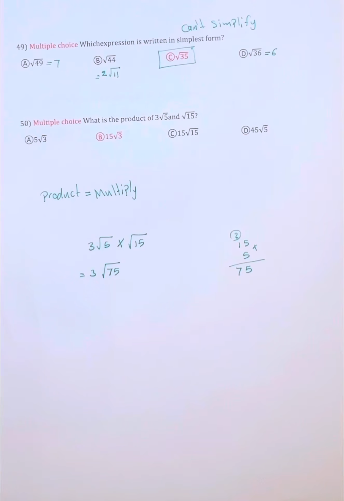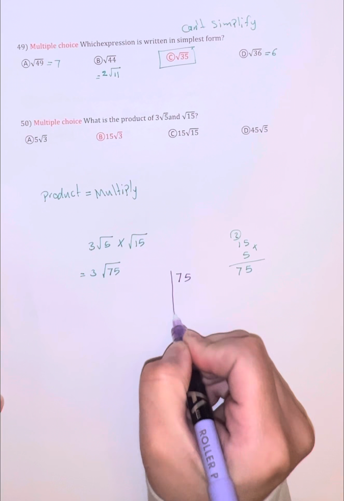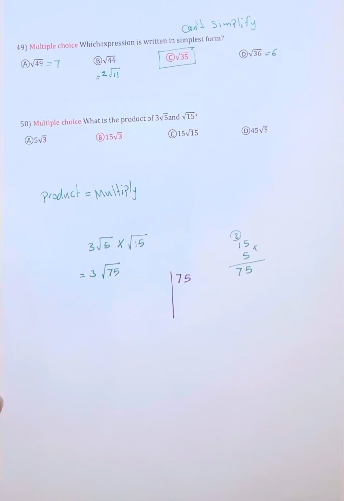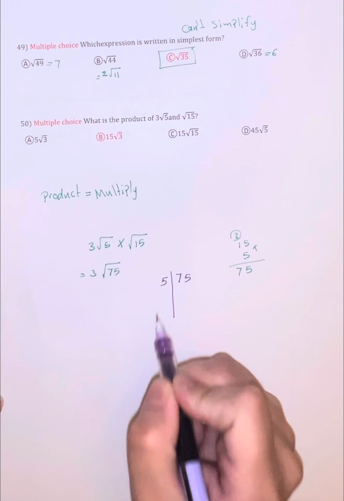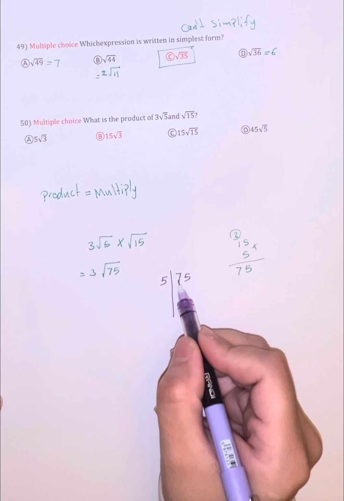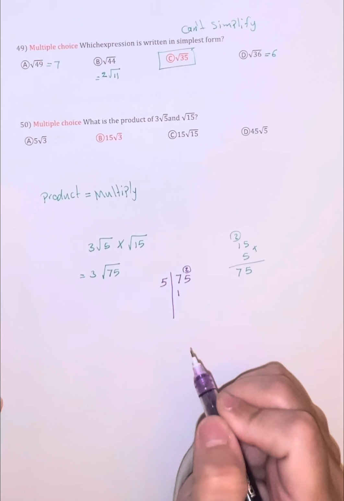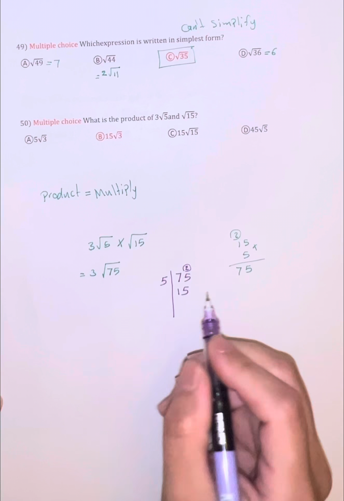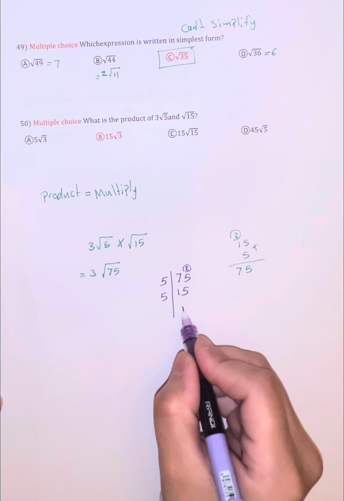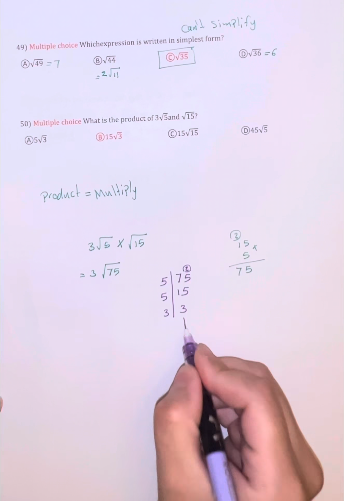Now we need to factorize it. 75 is an odd number, okay? So I will divide by 5. 75 divided by 5 is 15, divided by 5 is 3, divided by 3 is 1.